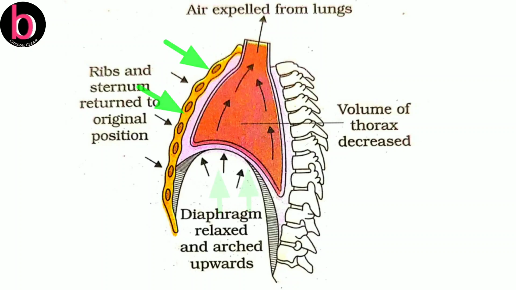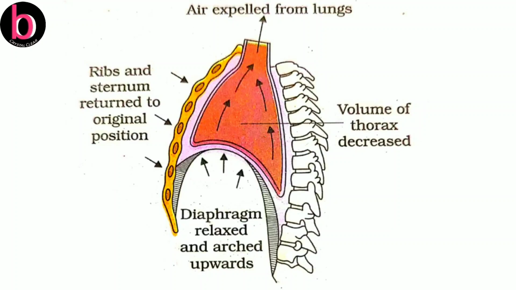This causes further release of air from the lungs. So abdominal muscles and internal intercostal muscles are considered muscles of forceful expiration. While normal expiration is a passive process, there will be relaxation of the diaphragm or phrenic muscles as well as the external intercostal muscles.